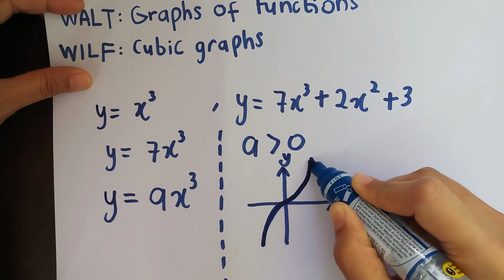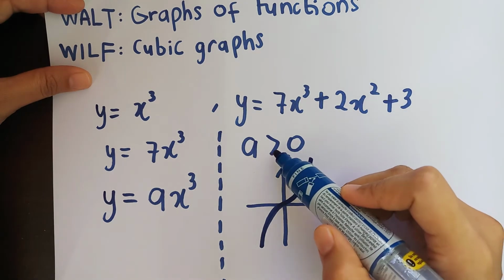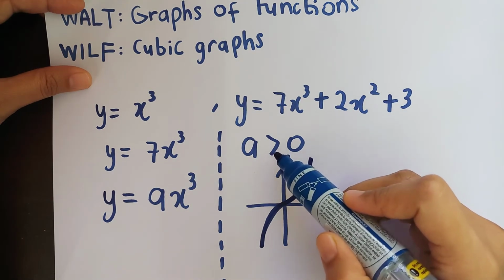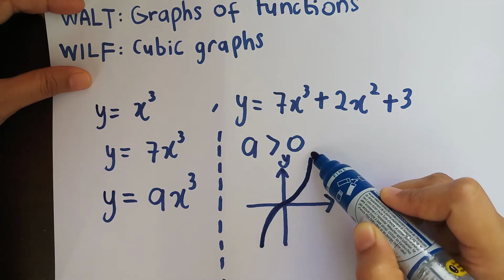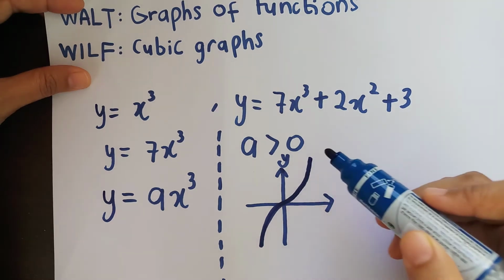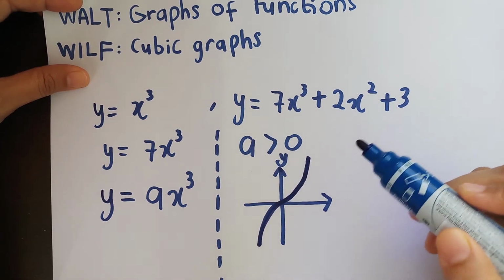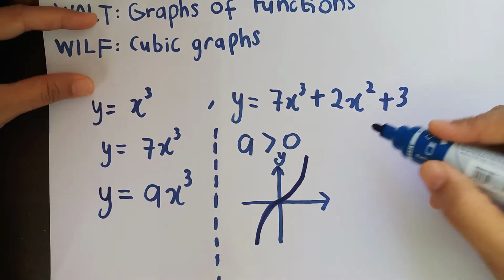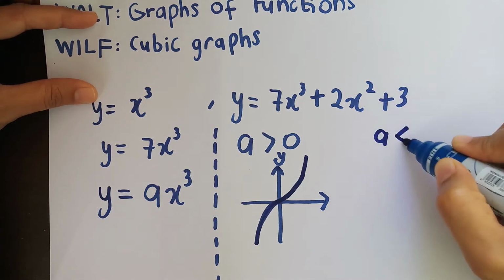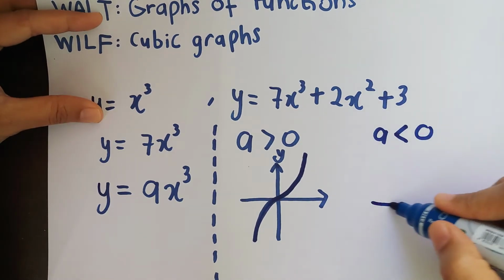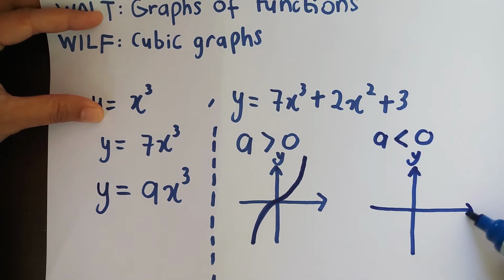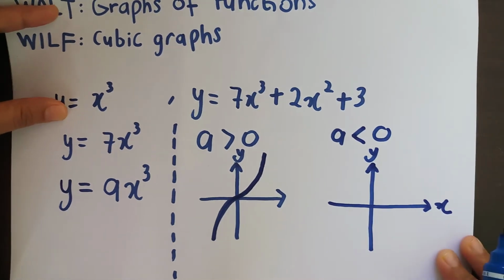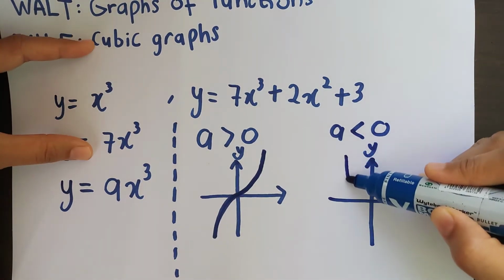Remember, a positive, you go up. You need to remember the basic shape of the graph. When your a is negative, which is less than 0, the basic shape of your graph is going down.